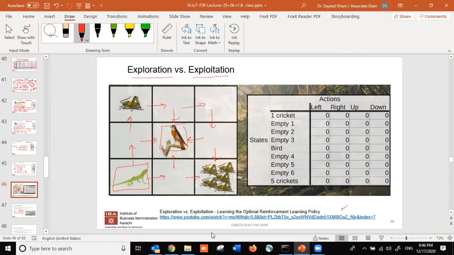So the question is that there are several issues over here. The first issue is that we can use this particular table that we've already seen somewhat. And this is what is referred to as a Q table. All right. And what this shows is, on the vertical axis, the possible states. On the horizontal side, it shows all the actions.